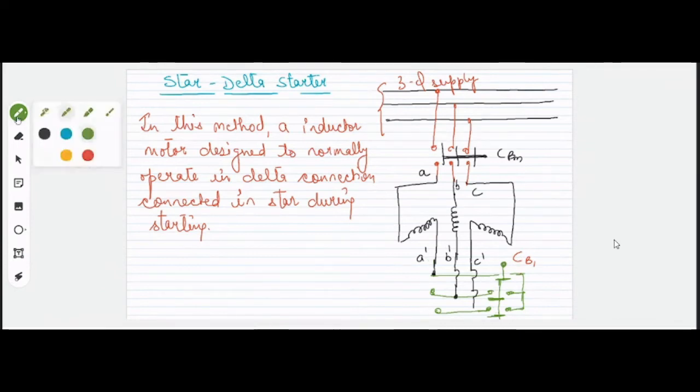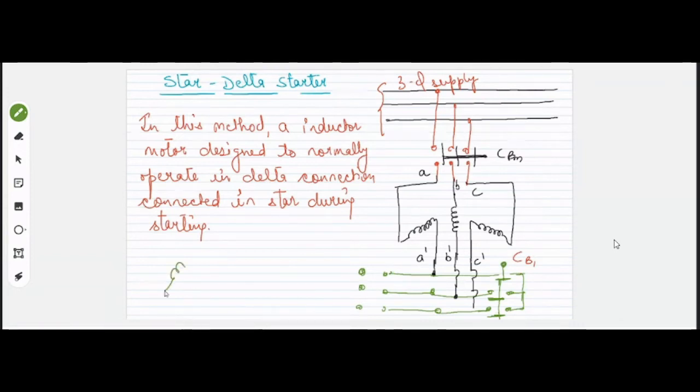So what we want is, once your motor has started, we need a second arrangement where we can make this delta connected. When it is delta connected, we know what the delta connection means.